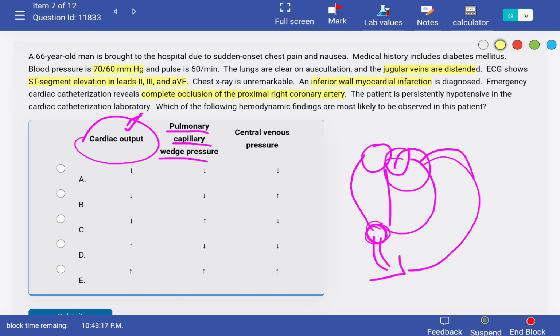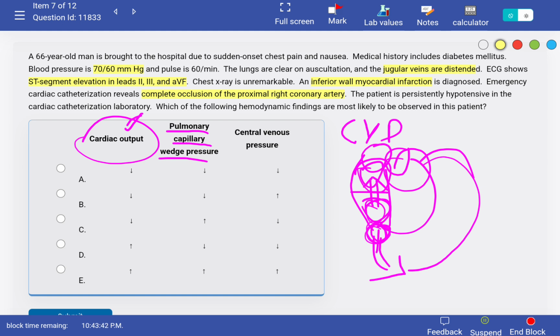So if there is right heart failure, fluid will accumulate on this side in the right ventricle. This will move in the backward direction, right? So here the pressure would be increased, and as we know, central venous pressure is the pressure in the right side, and it also moves backward toward the superior vena cava and all those things, right?